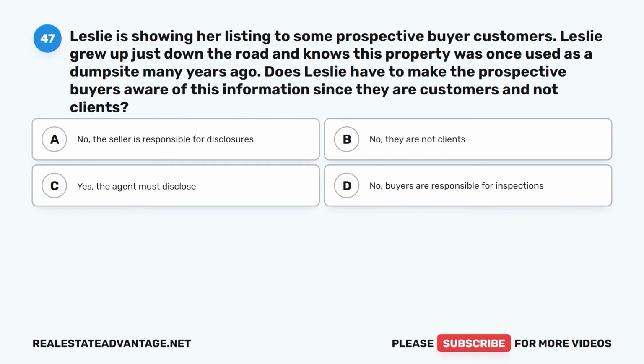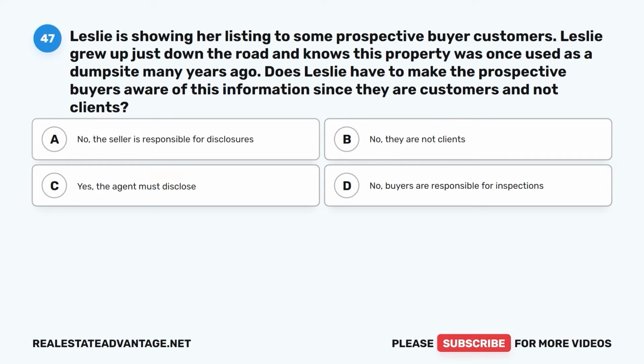Question 47. Leslie is showing her listing to some prospective buyer customers. Leslie grew up just down the road and knows this property was once used as a dump site many years ago. Does Leslie have to make the prospective buyers aware of this information since they are customers and not clients? A. No, the seller is responsible for disclosures.